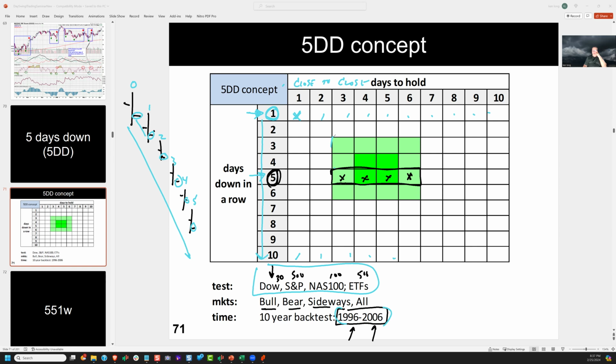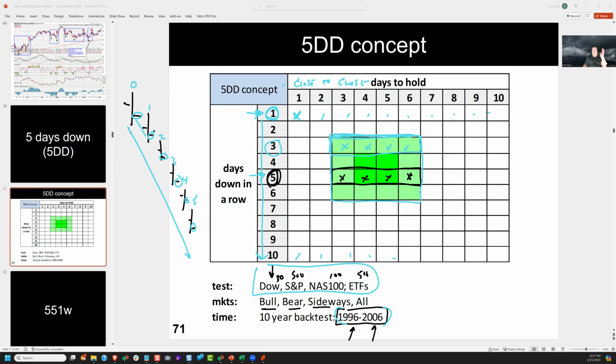what we found was that there was, in fact, a statistically significant sweet spot that looked like this, that starting with 3 days down and holding 3, 4, 5, or 6 days, there was a slight but measurable advantage as the market recovered.